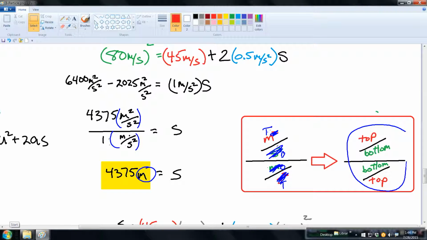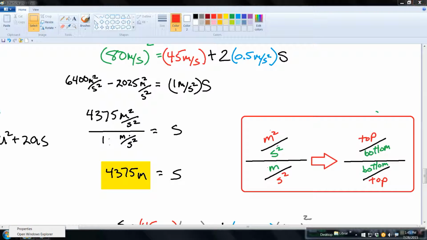It depends on how your units are written, but a lot of times you'll either write them that way yourself or you'll see them that way on a problem. Anyway, let's go to the next problem.